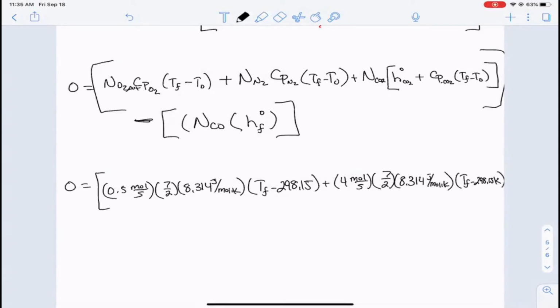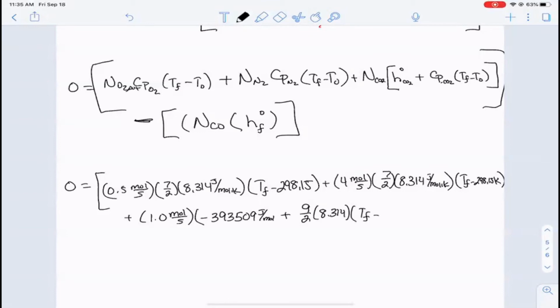And then plus the number of moles of CO2, which is 1.0 moles per second, times the standard heat of formation, which is minus 393.509 joules per mole of CO2, then plus Cp delta T. And of course, since this is a triatomic gas, Cp is 9/2 times R times T final minus 298.15 Kelvin, right?